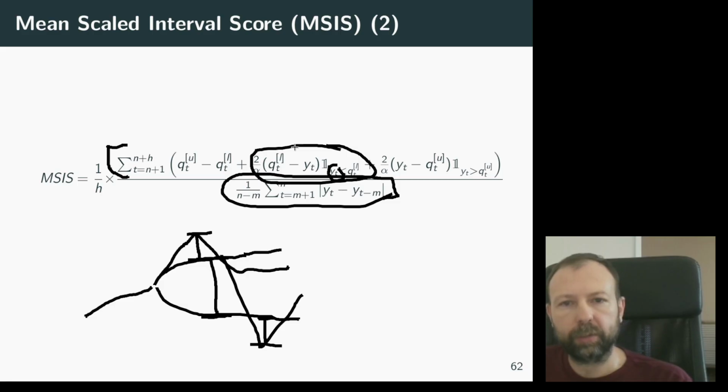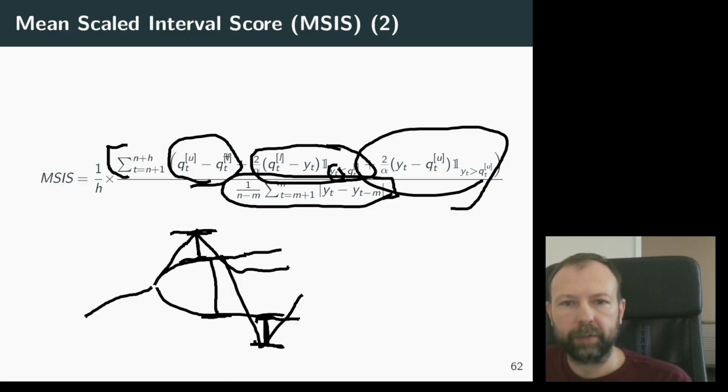So that means you're outside of the interval, so this indicator function is 1. So this penalization term is this one down here. Okay. This means you are outside of the upper interval. So that gives you this penalization term here. And this upper minus lower, that's just the interval width. Okay.